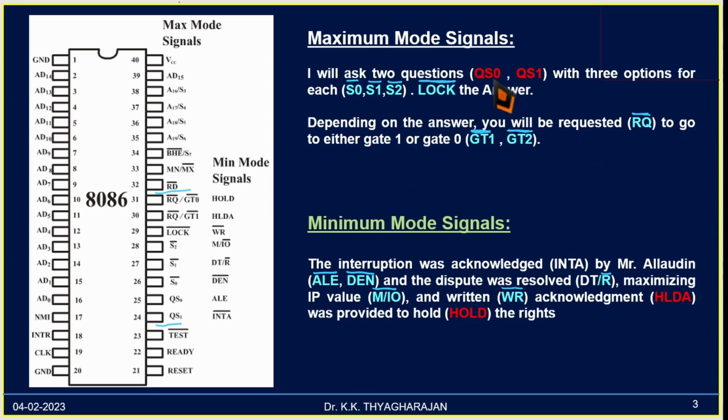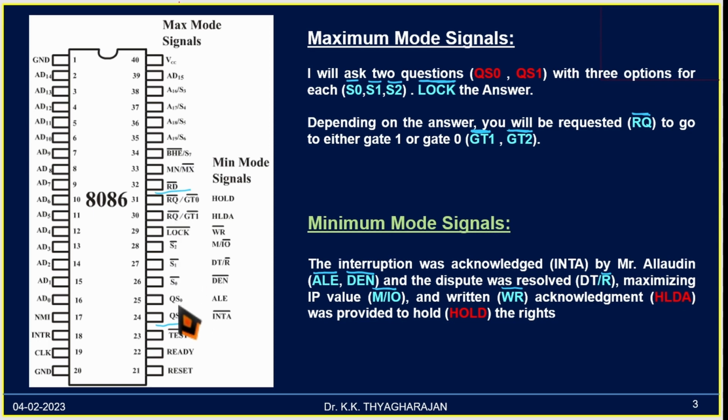Now you observe this, QS0 and QS1, two questions. These are the three options. You have to log the correct answer. Based on the answer, you will be requested, or queue, to go to either gate 1 or gate 0. So, by remembering this sentence or situation, you will be able to remember the names of all these pins.